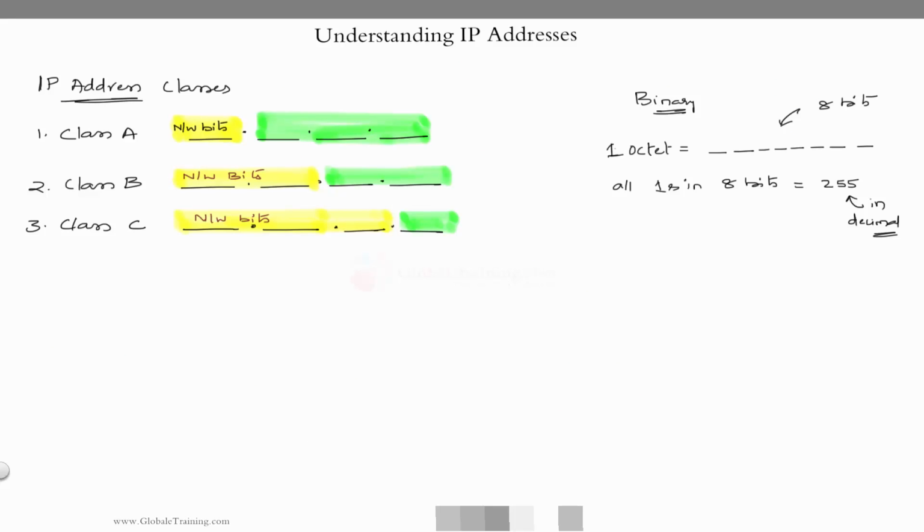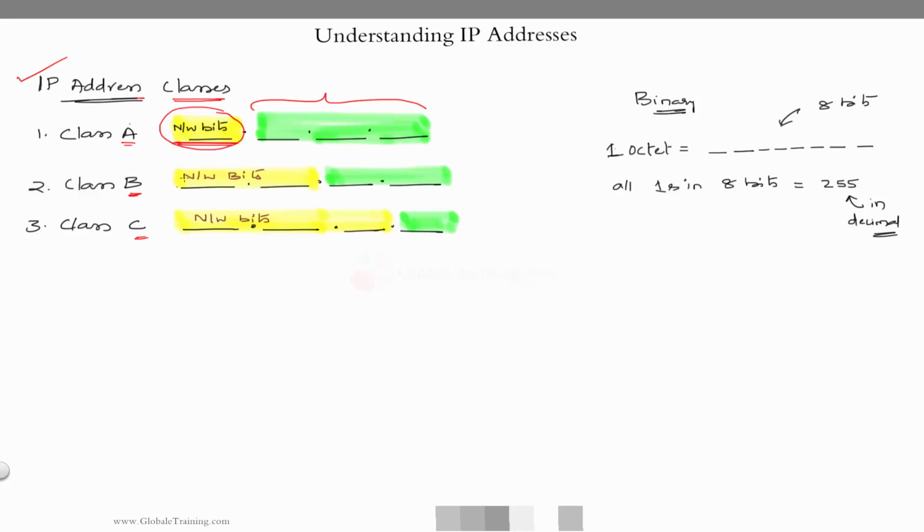Okay, so IP addresses are split into classes: Class A, Class B, Class C. In Class A, the first octet is reserved for network, or it represents the network bits. The rest represents the host bits.